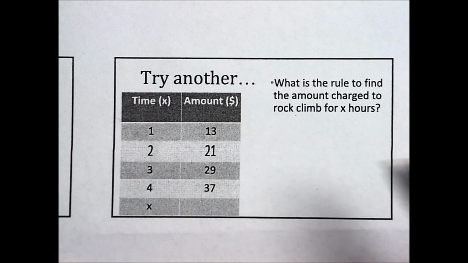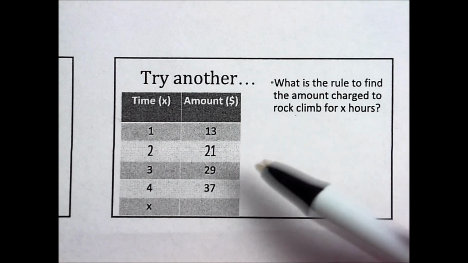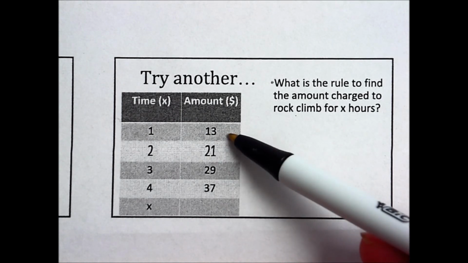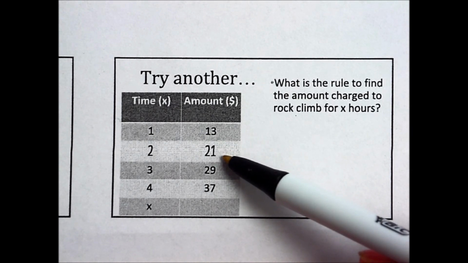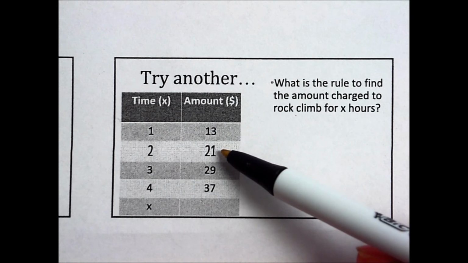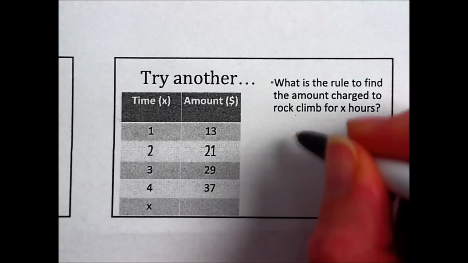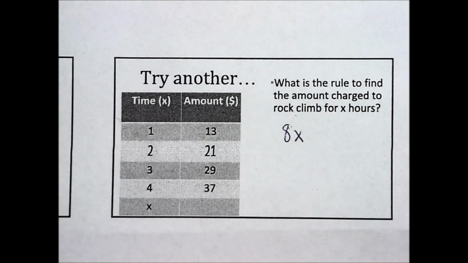So this is another 2-part rule. So let's start here and see what our increase is. When I go from 13 to 21, that's an increase of 8. And when I go from 21 to 29, that's an increase of 8. So that tells me that 8x must be 1 part of the rule.